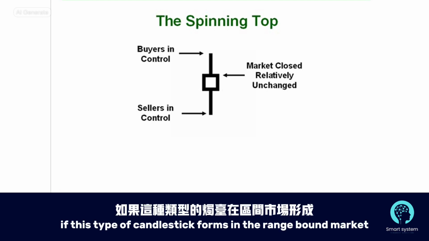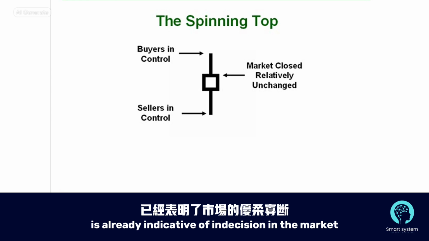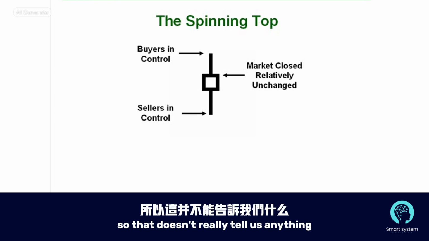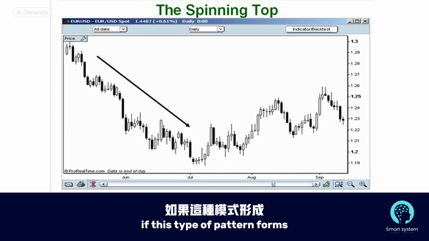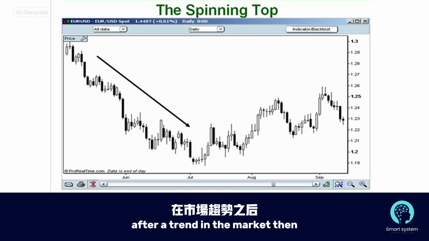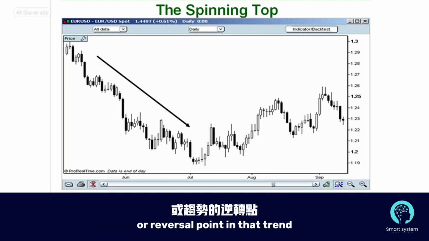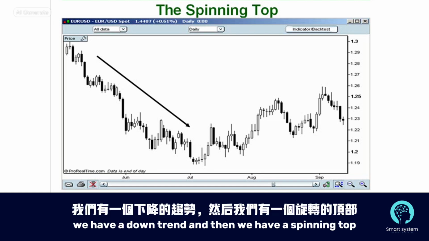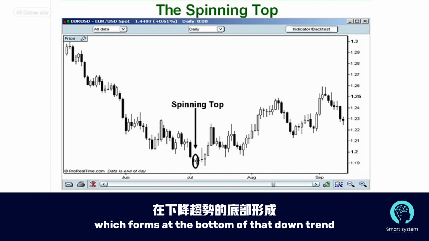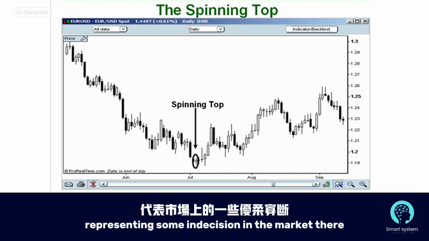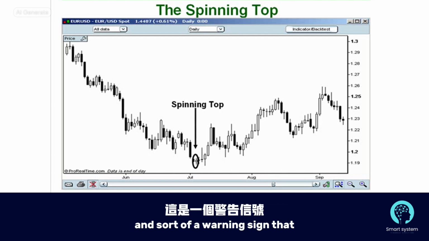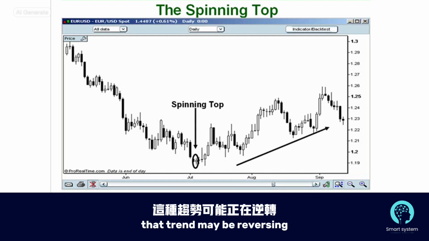If this type of candlestick forms in a range-bound market, it's already indicative of indecision, so that doesn't really tell us anything. However, if this type of pattern forms after a trend in the market, then that indecision can represent a turning point or reversal point in that trend. You can see here we have a downtrend and then a spinning top, which forms at the bottom of that downtrend, representing some indecision in the market and a warning sign that the trend may be reversing.